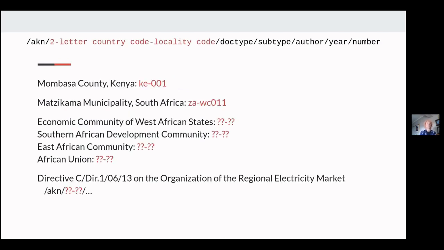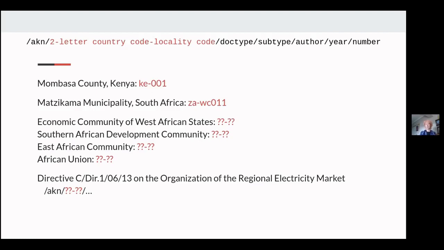So the first element of the FRBR URI that we encountered some questions with was the place. So the 2-letter country code followed by the locality code. Some pretty straightforward examples: Mombasa County in Kenya. We use the KE ISO country code, and 001 is assigned by the government for that county.